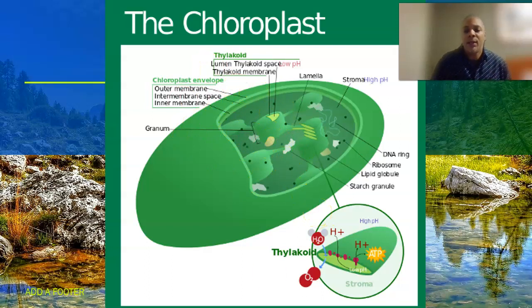And if you look at the zoom in, you can see down here hydrogen and oxygen molecules being split, and there being an additional two hydrogen ions that are going towards ATP. And this is all within the stroma, that fluid there.